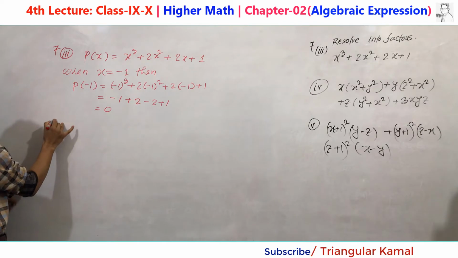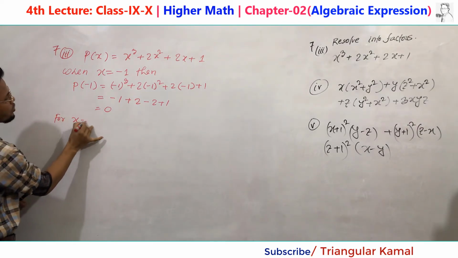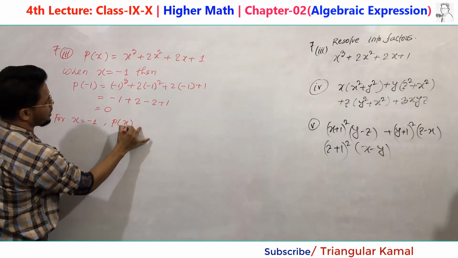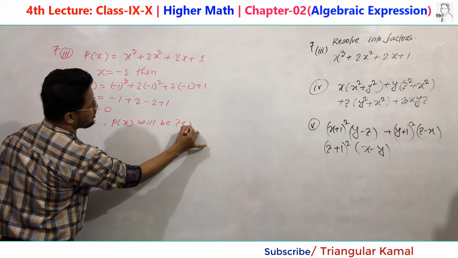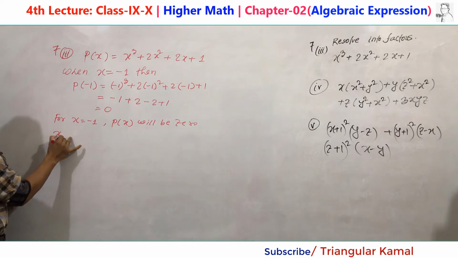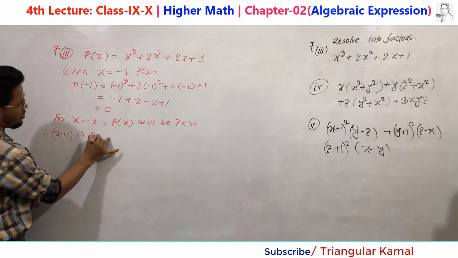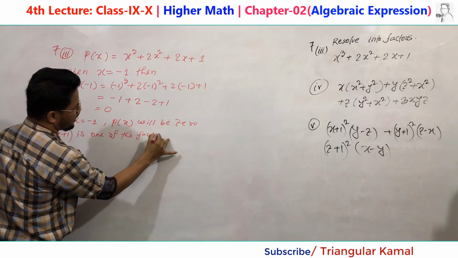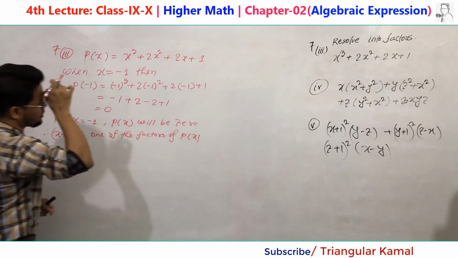So we can write here, for x equal minus 1, p of x will be 0. So using the remainder theorem, we can say x plus 1 is one of the factors of p of x.